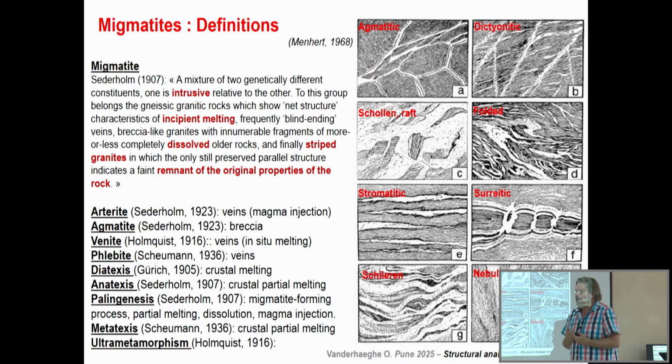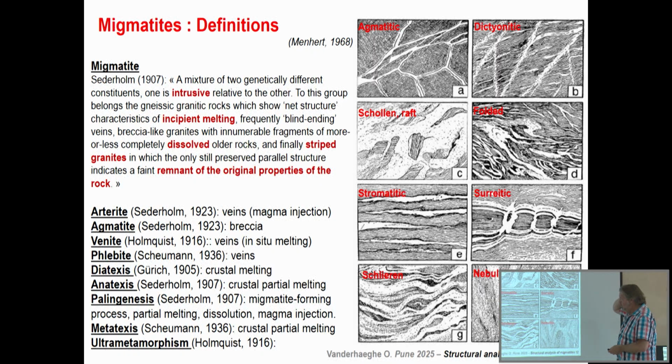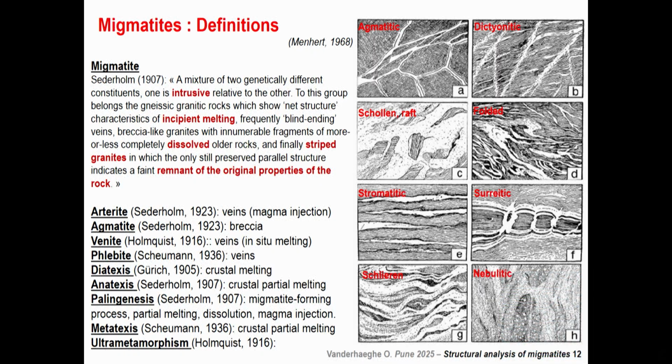I'm also still very puzzled when I go into migmatitic fields. It's very demanding. So these are all the migmatites that Menard described in his book: agmatitic, dictyonitic, shollen, raft, folded, stromatitic, surreitic, schlieren, nebulitic. You can always find a friend when you're in the field.